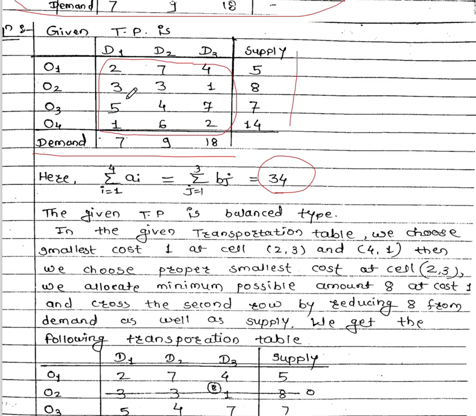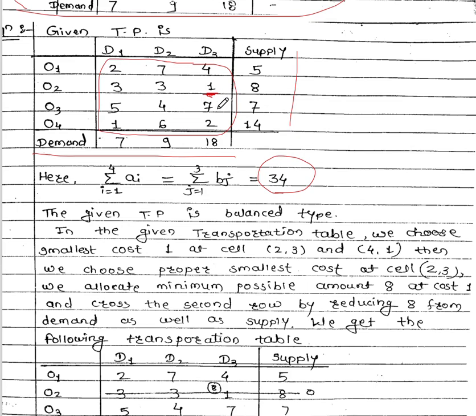Okay, so we have to choose the proper element in this transportation problem. So let us choose this element, or for easy understanding, you can select it in ascending order. Okay, so let us choose the smallest element, which is 1.